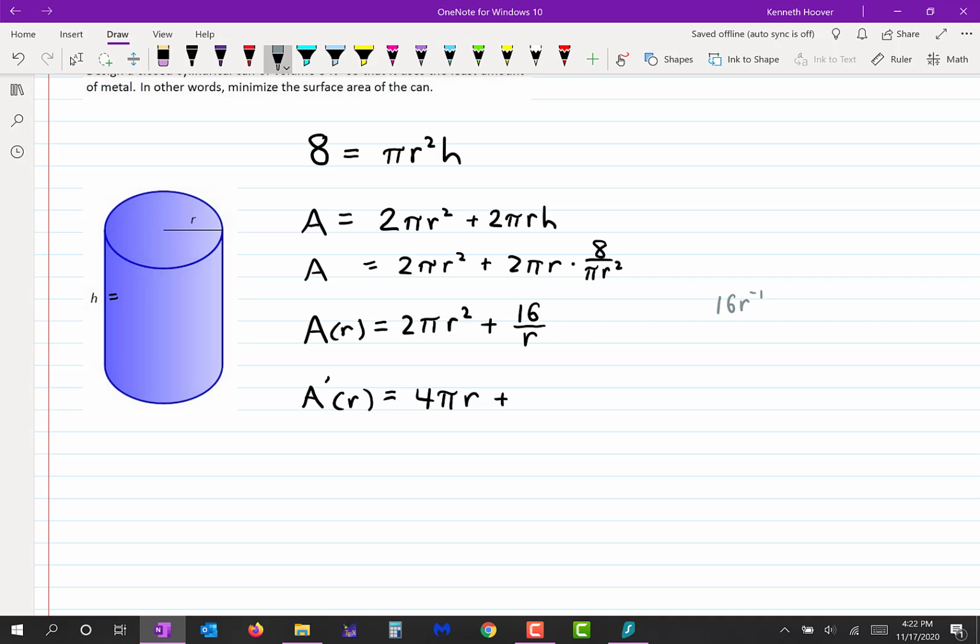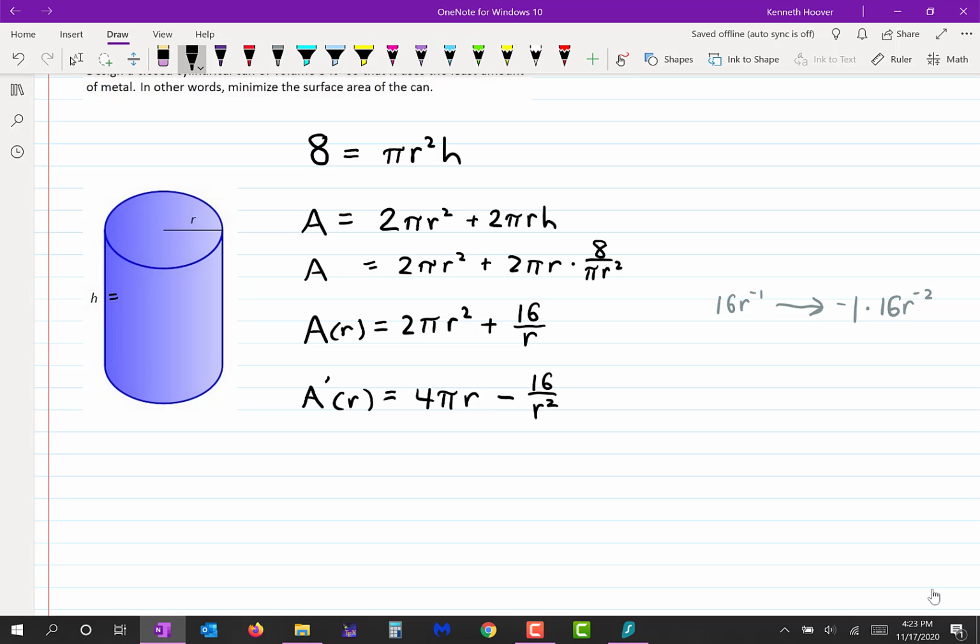So when you do the derivative, you're going to get negative 1 times 16r to the negative 2, right? So in other words, we're going to get minus 16 over r squared. Okay? That is A prime.